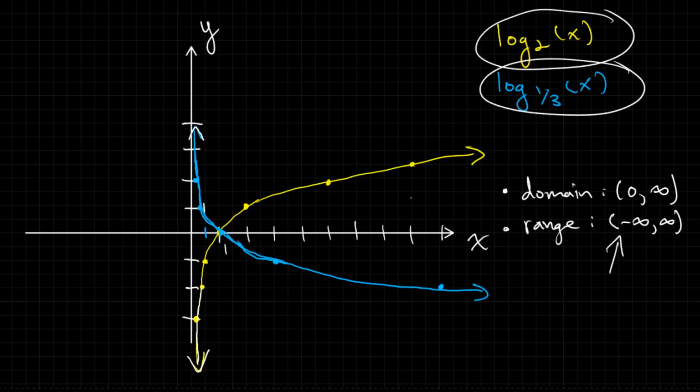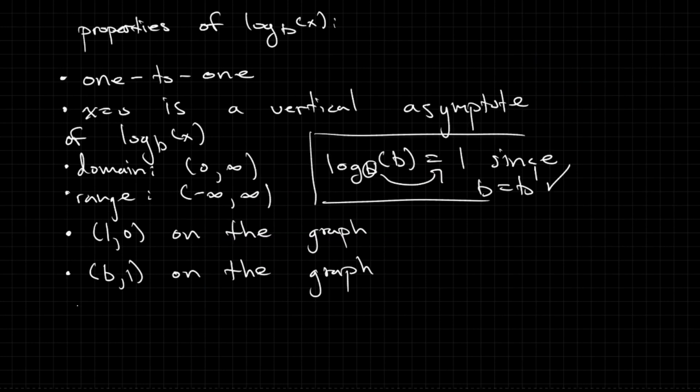Finally, let's take note that for log base 1/3, the y values decrease, and for log base 2, the y values increase. And so this is demonstrating the following true statement: if b is bigger than 1, then log base b of x is increasing.